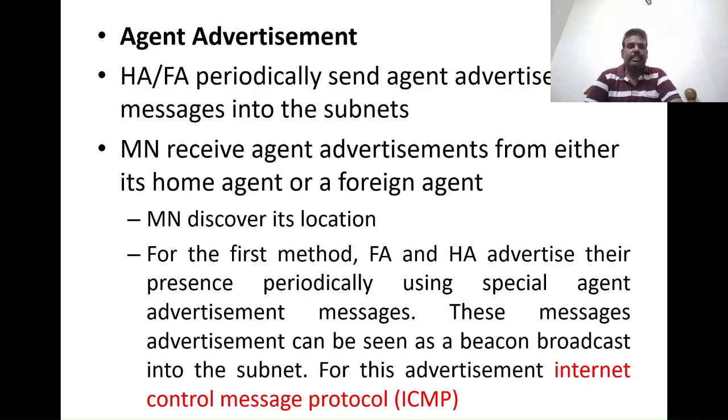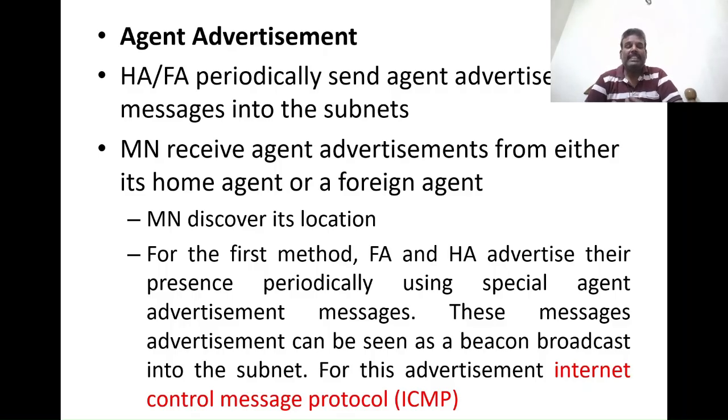The mobile node receives agent advertisements from either its home agent or its foreign agent, so your mobile node discovers its location. Imagine that I'm residing in my home location, and after a few days I shift to another state or another district. That is my foreign agent.